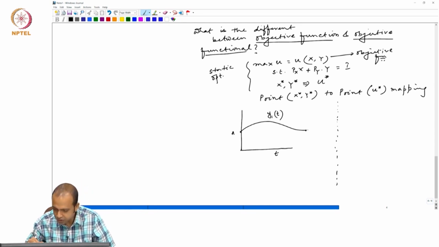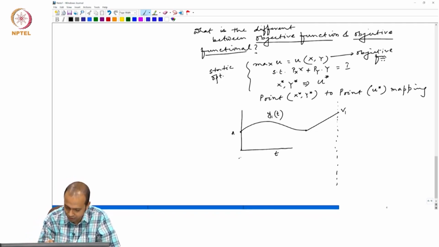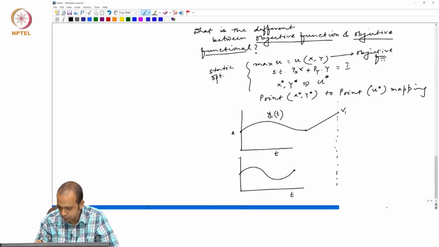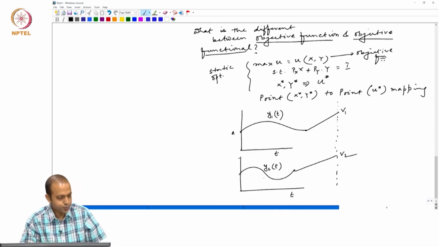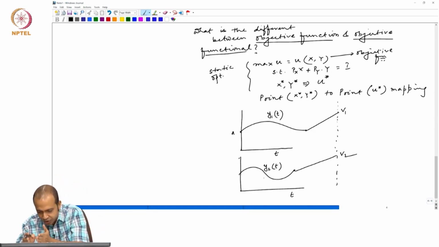This value goes to V1. Then we may have another path, and if you map this, then this goes to V2. Let us say this path is y2 t. So, we are basically mapping the path into a real line.